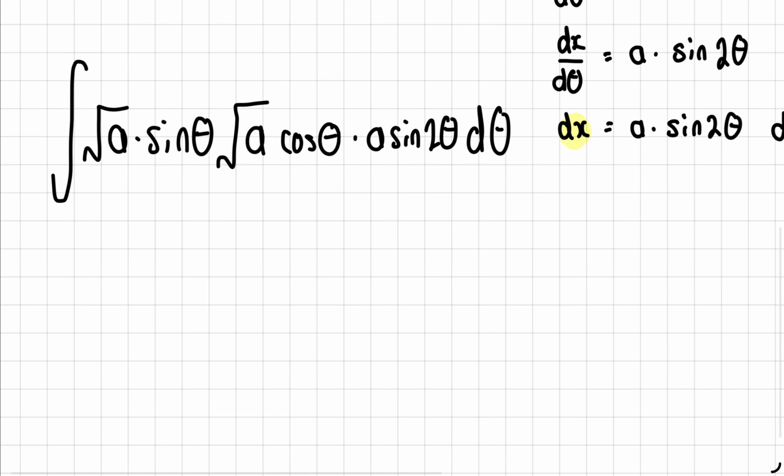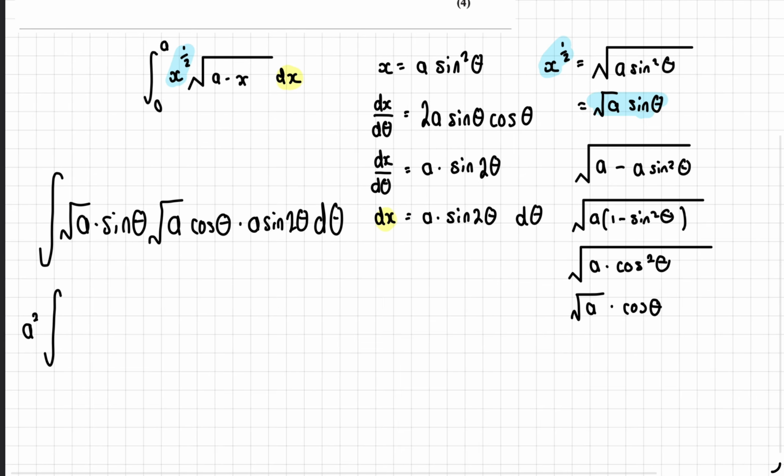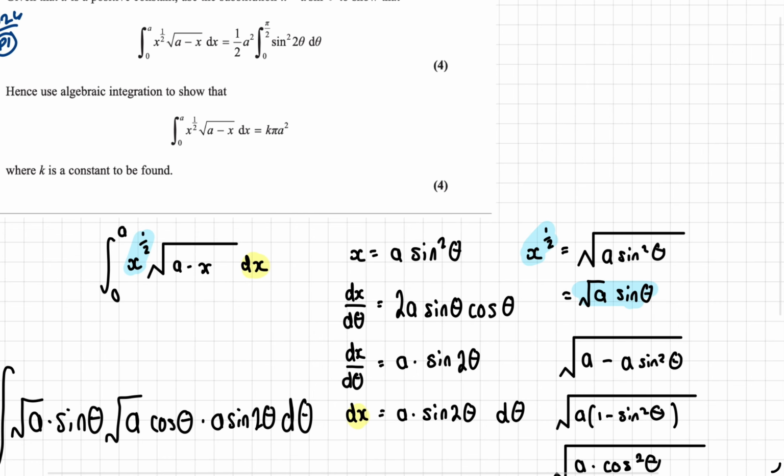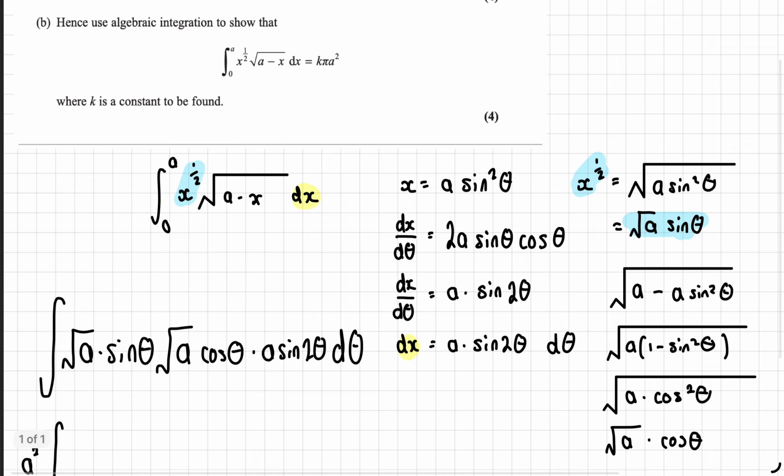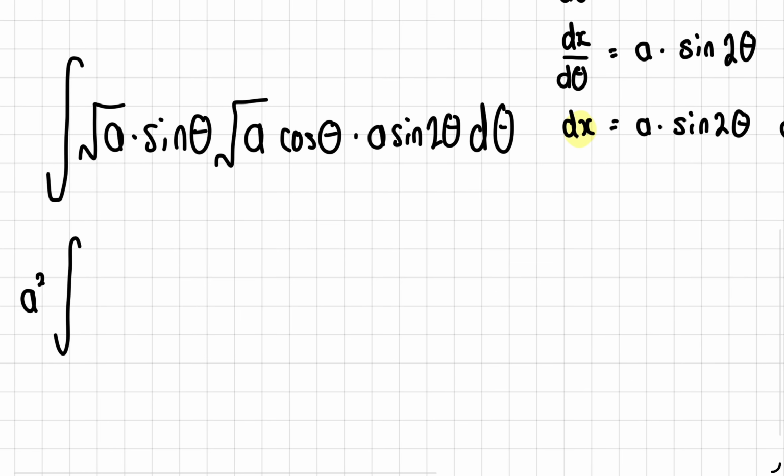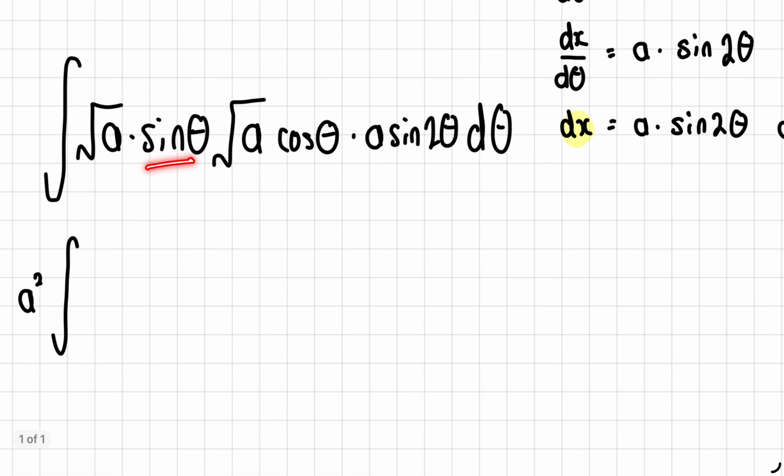So root a times root a is a, times a is a squared. I'm going to put that on the outside, which so far is looking positive because we've got an a squared on the outside here. Sine theta cos theta we're going to put together, and I'll come back to that in a moment. Times sine 2 theta d theta.